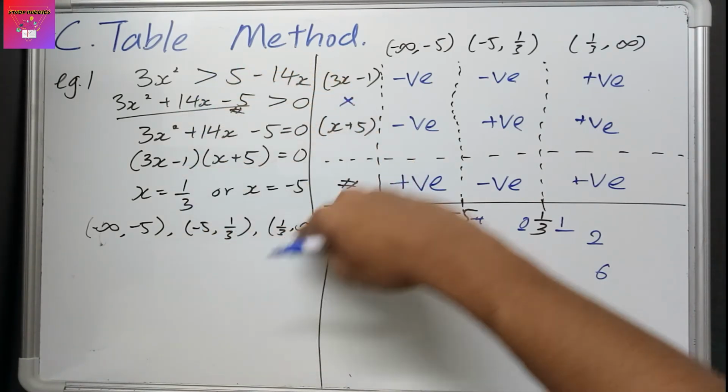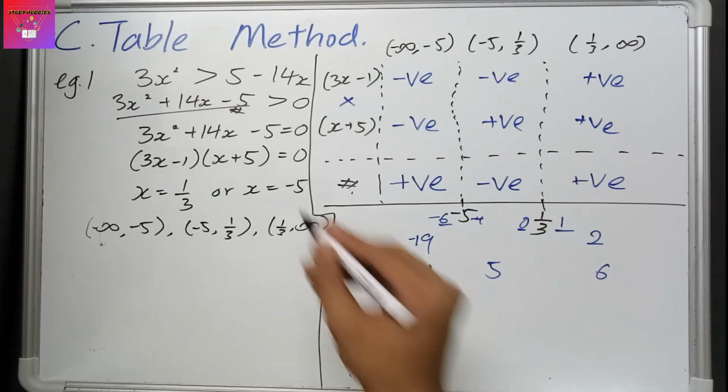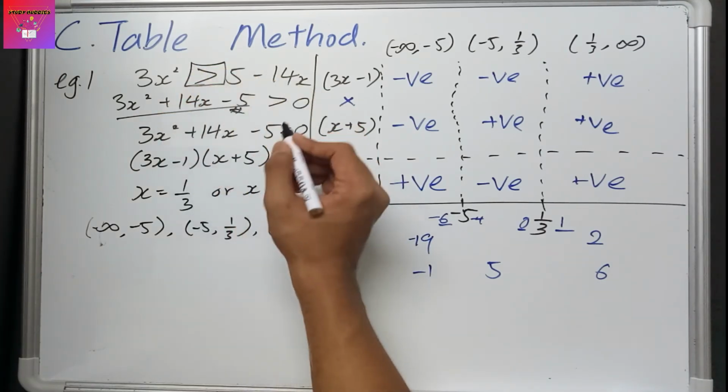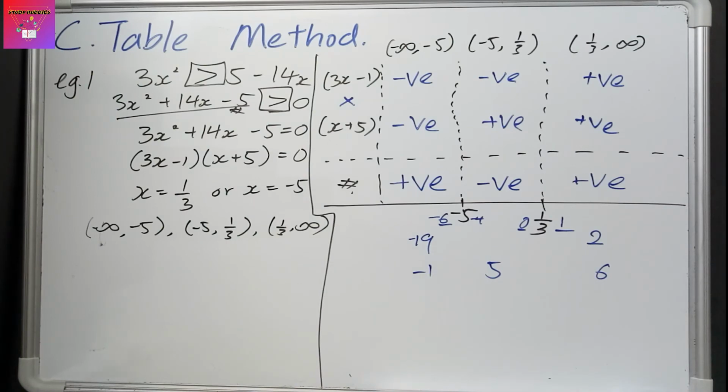So you start with this, then you continue drawing this table and doing everything, and you have to find out these three. So these are the most important parts in this thing. So once you find out the positive and negative individually, you would have to check on this symbol. Sorry, you have to check the one which is in front of 0. So still the same.